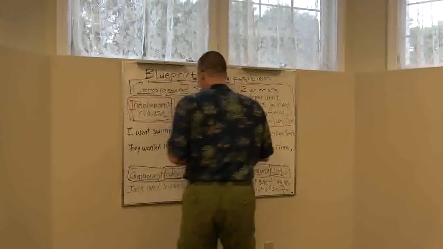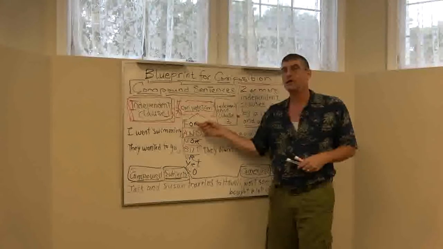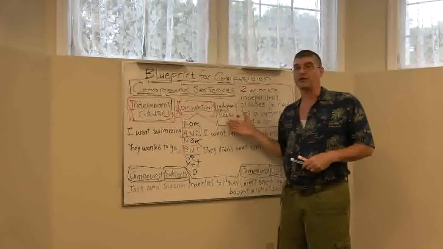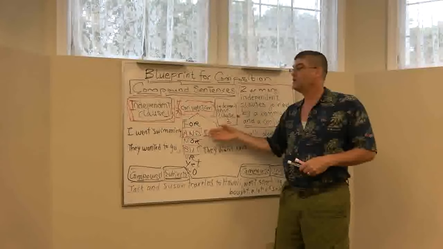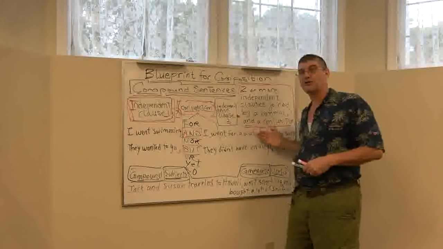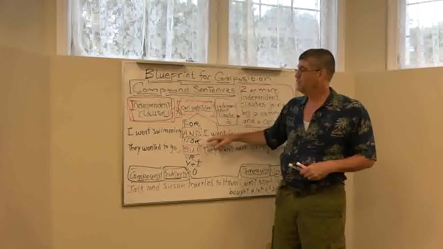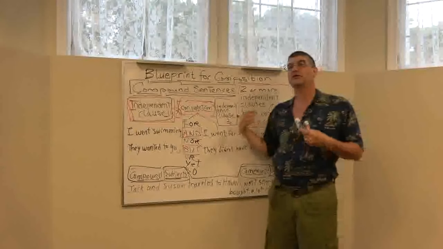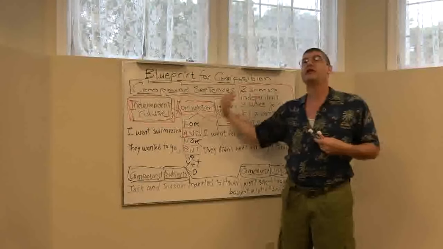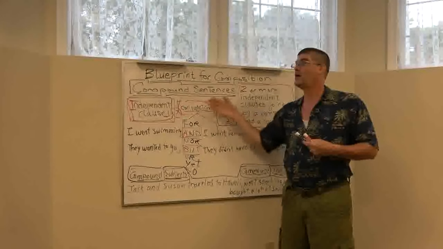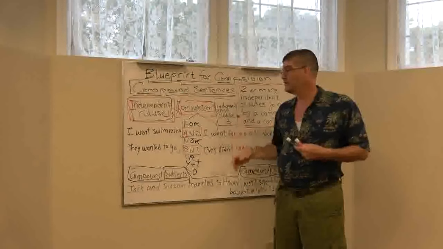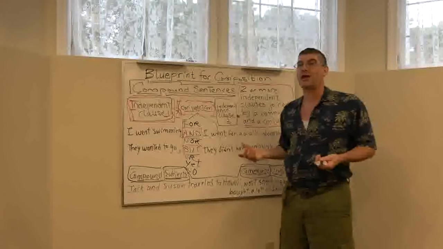So, the use of the word for would introduce an explanation. The use of the word and is primarily to add extra information. Nor is a situation where you're trying to express something of a negative relationship between the 2 parts of the clauses. But is used to show contrast.